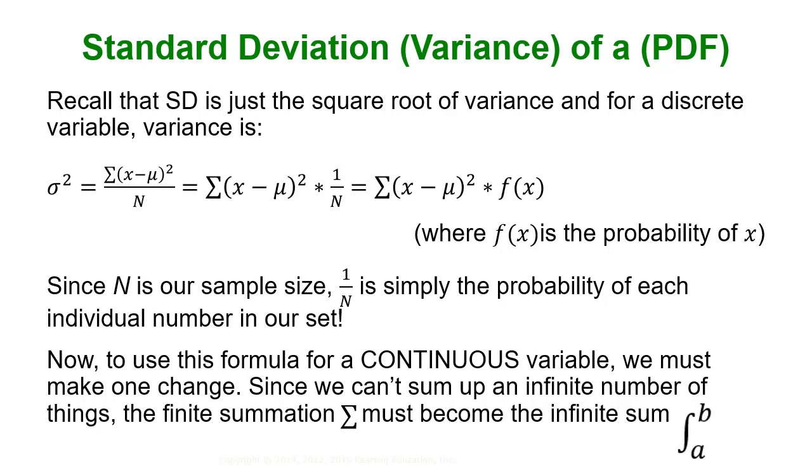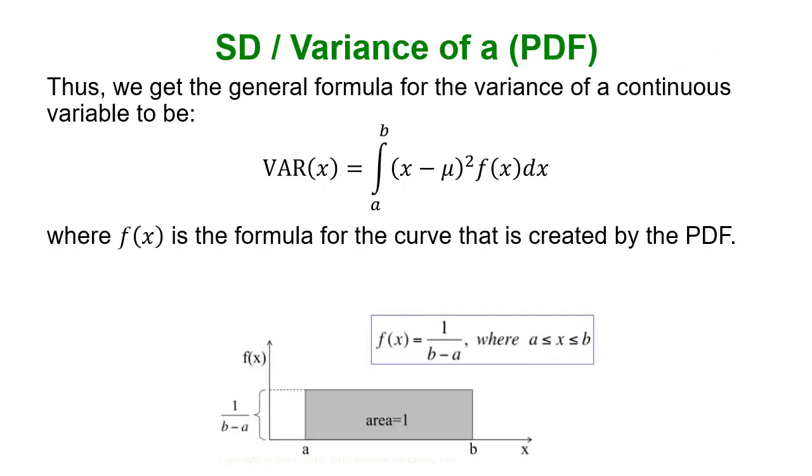Now, integrals are done in calculus, so if you've never done calculus and you don't know what an integral is, that's okay. You don't really need it to understand where we're going with this formula. Just know that the general formula for the variance of a continuous variable is now going to be the integral from a to b of (x minus the mean) squared times f of x dx.